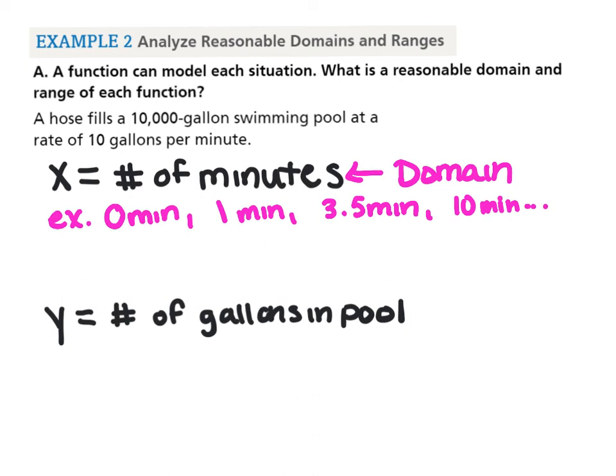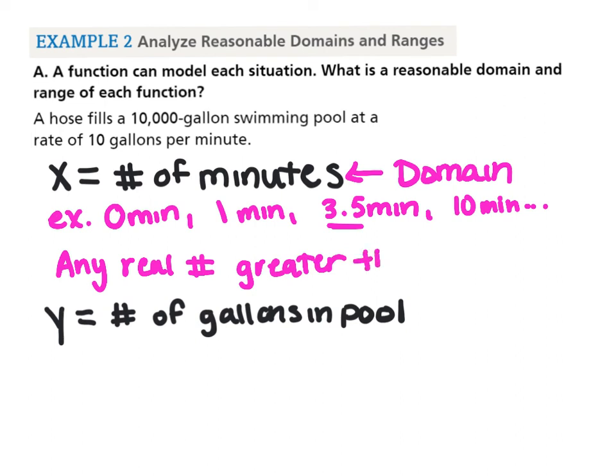So this means that our reasonable domain would be any value greater than 0. And because of the fact that we could have a decimal, it's going to be any real number greater than or equal to 0.